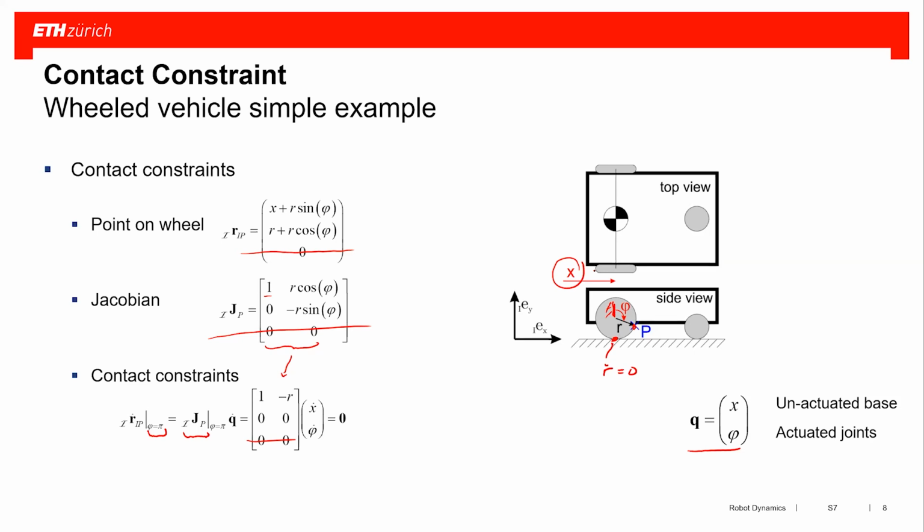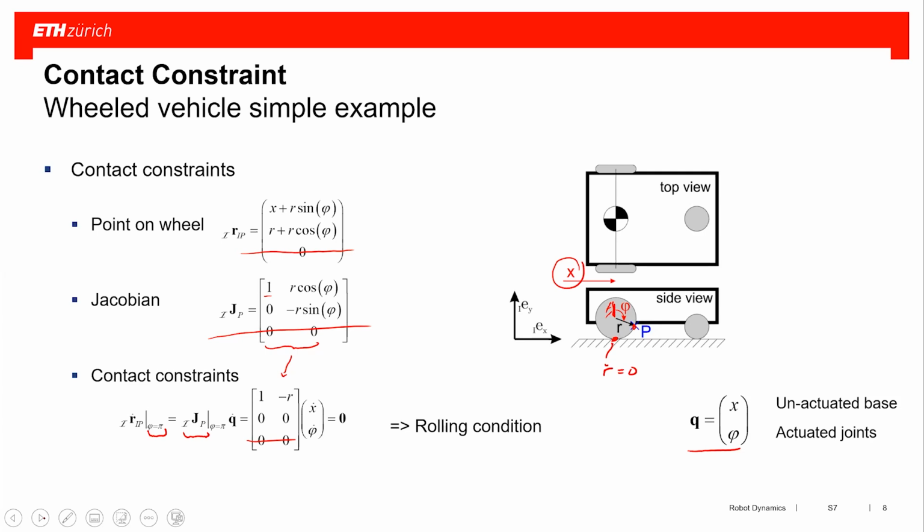But we look at it in a simplified fashion. We are not looking at a car which can be somehow in 3D space with all the 3D orientations attached to it. We're only looking at this 1 degree of freedom where it can move, and we have one base coordinate in there. So it is a floating base, but only 1 degree of freedom.